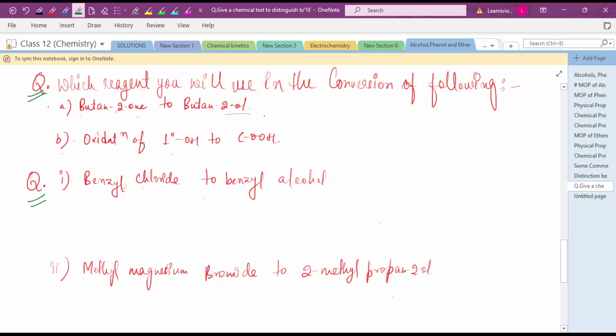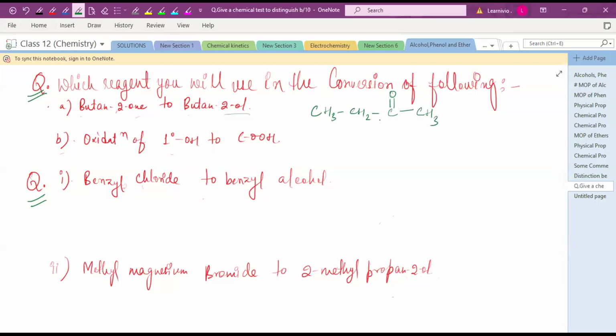First, analyze. In the conversion part, always write down the reaction first. Draw the structure of butane 2-one. Reducing agent, yes. So which reducing agent you will use? LiAlH4. Yeah, you can use. Lithium aluminum hydride is a strong reducing agent, and it reduces carbonyl compounds, right? Aldehyde and ketone. For aldehyde and ketone you can also use sodium borohydride, NaBH4.